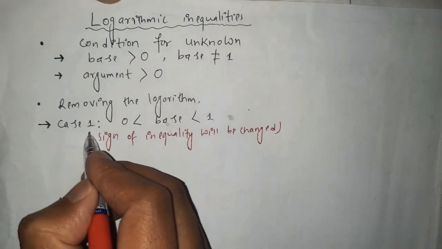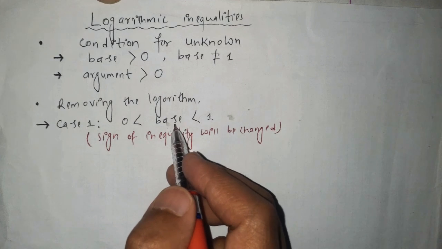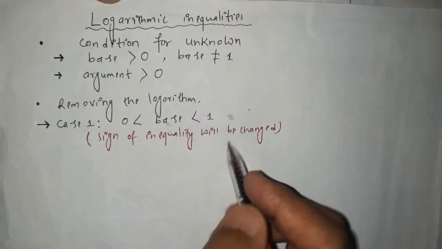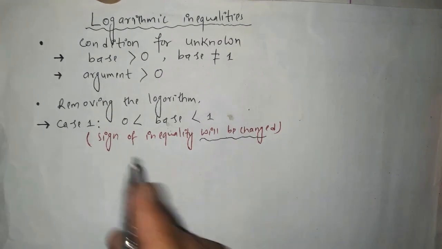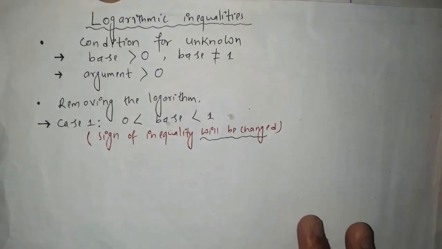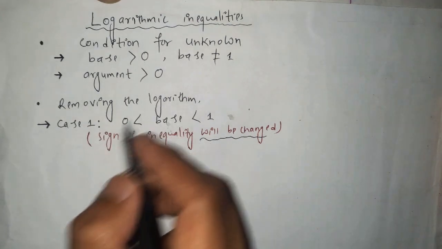Please remember this very important point. If the base of the given logarithm lies between 0 and 1, then the sign of the inequality will be changed in this situation. And we can remove the logarithm.